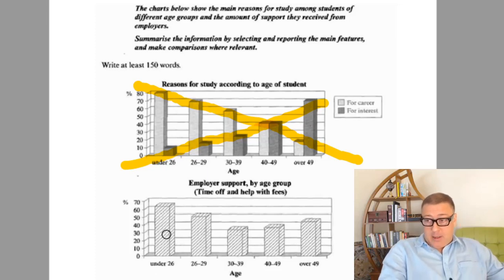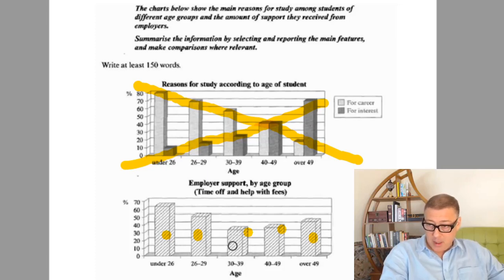For this one down here, these are all different enough that I would probably just do all of them. Employer support was highest among younger students. This would be the number of students getting support. Just over 60% of those under 26 get support, around 50% of those 26 to 29.